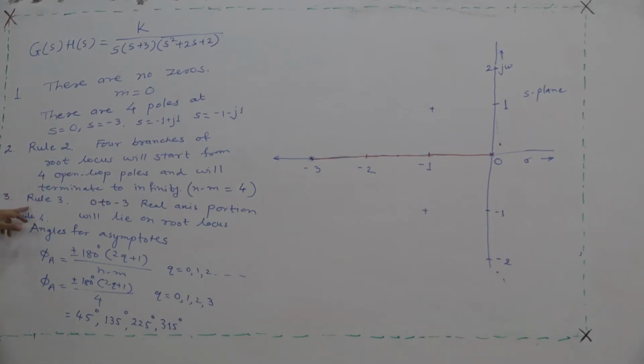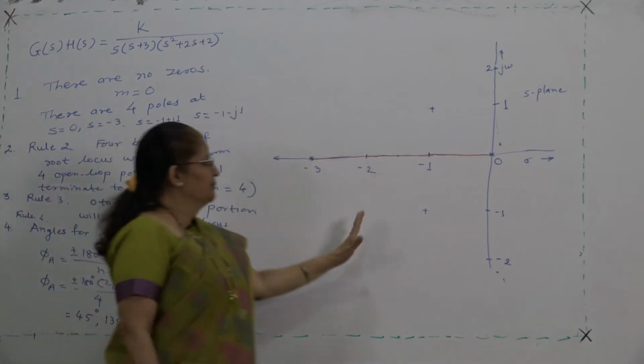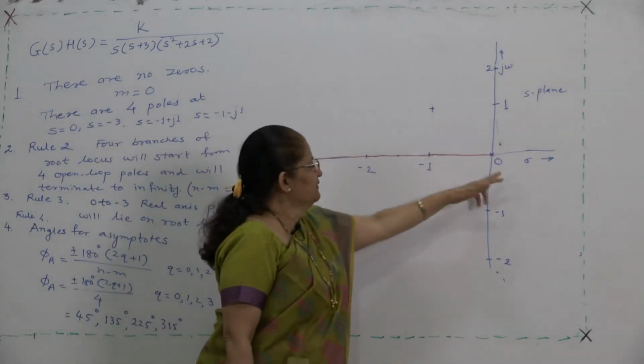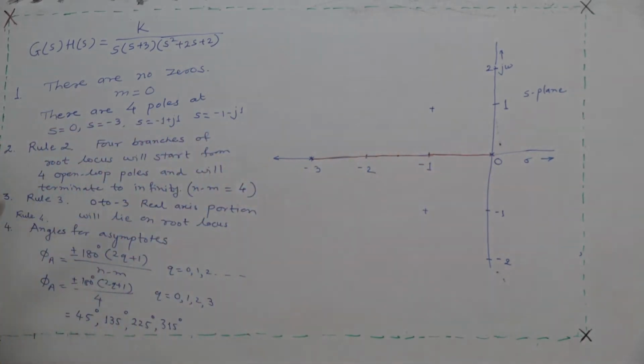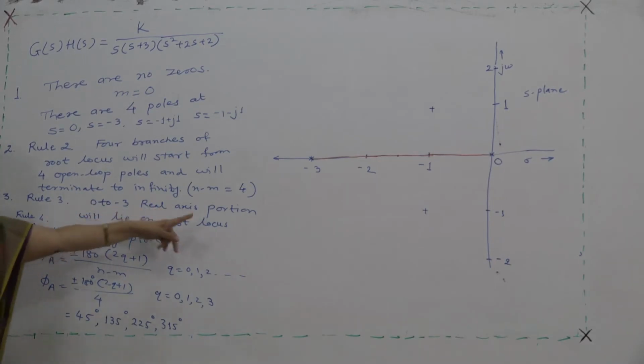Rule 3 is which part of the real axis will lie on the root locus. Before that you draw it on the graph paper and check it manually. Observing that, your conclusion is the 0 to minus 3 real axis portion will lie on the root locus.